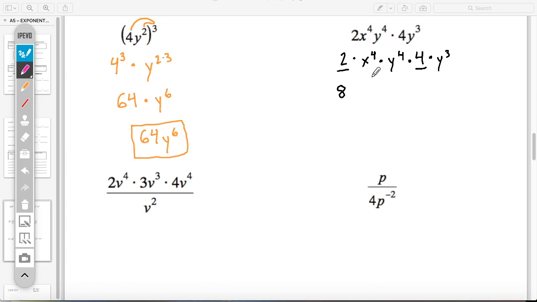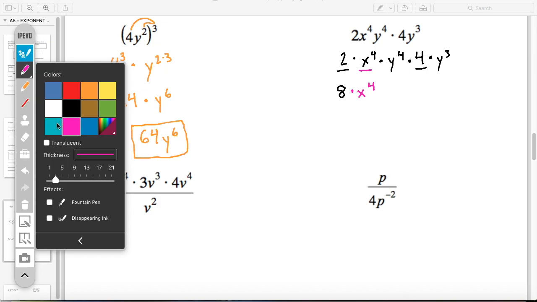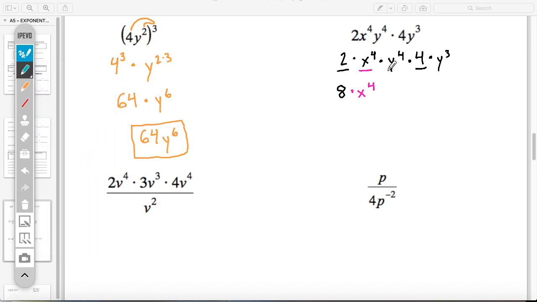Okay. So now I'm going to do my x's next. Okay. So I've got one x right there as my base. So I'll keep looking through here. No other expressions with a base of x. So I'll just bring it down. Okay. Switch colors one more time. So next I have y to the fourth, so I'll underline that with this color. Okay, I'll continue to look through my expression and look right there. I have another expression that has a base of y.